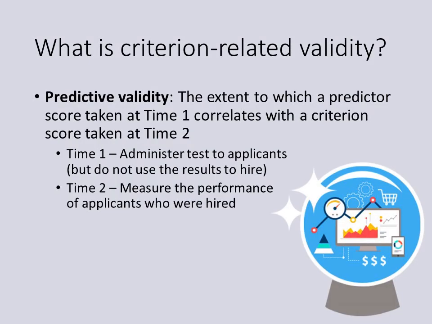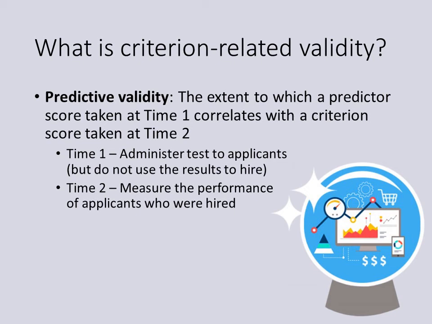When we assess predictive validity, we administer the test at time 1 and then the criterion measure at time 2. We then calculate the correlation between time 1 and time 2 to see, did the test in fact predict performance at time 2? For example, we might administer an assessment center with a group of applicants in the beginning of the year.